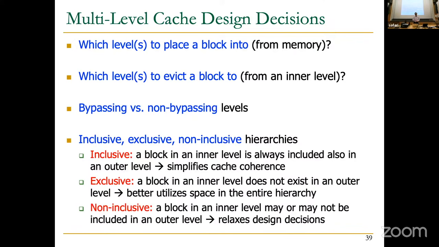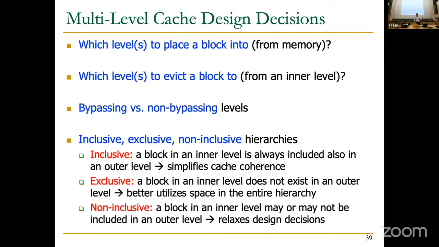Okay, and then there's non-inclusive, which says basically, I'm not going to enforce either of these. A block may be replicated at some level, or it may not be replicated. I don't keep track of this. I don't enforce it. My coherence protocol is not going to depend on it. So it's going to happen. So this gives you design freedom. Let's say this relaxes the design decisions. In an exclusive hierarchy, you need to ensure that no other cache has it.